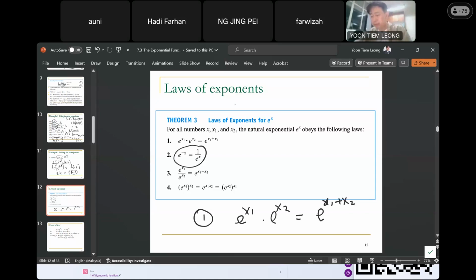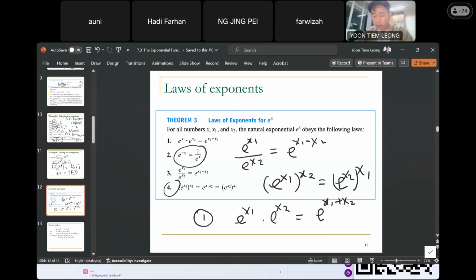The ratio of two exponential functions is just equal to e raised to the power of x1 minus x2. And the fourth part of the law of exponents says if you have an exponential function e power x1, and the whole thing is raised to another power of x2, this is the same as e raised to the power of x2 and raised to the power of x1 again.